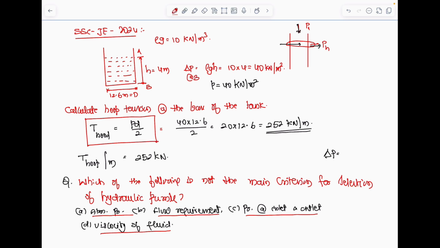This is how the questions in the examination are to be answered. And in the next class, on this subject, on the pressure and properties that I have covered till now, I will make some 10 MCQs and discuss them.